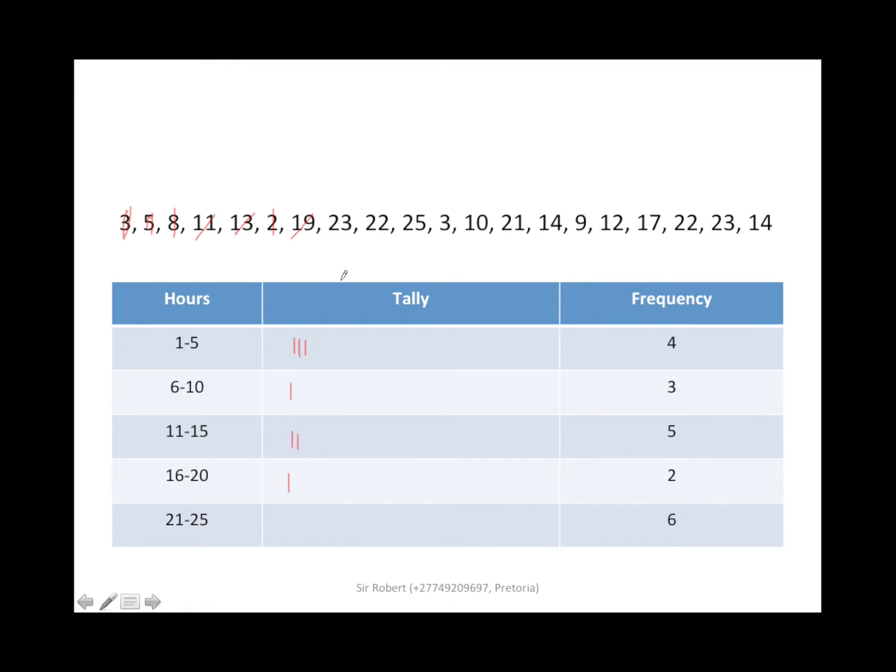2 is in here. 19 is in here. 23 is in here. 22 is in here. 25 is in here. 3 is in here. 10 is in here. 21 is in here. 14 is in here. 9 is in here. 12 is in here. 17 is in here. 22 is in here. 23 is in here.